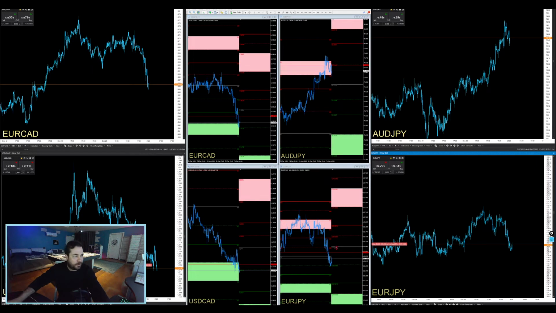So what I'm going to do right now is place my alert for central pivots on both the USD CAD and the Euro Yen. Place mine at 126502.